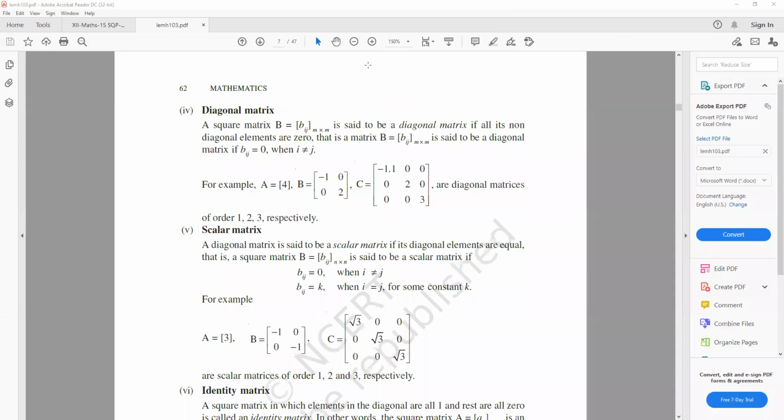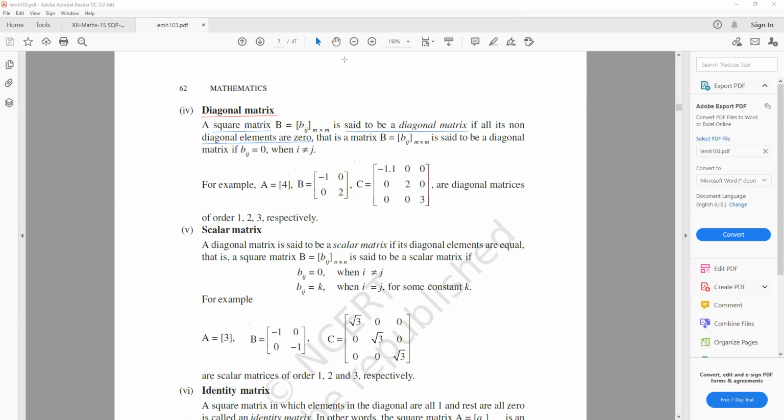Now look, the next type of matrix, which is known as the diagonal matrix. First of all, it is a square matrix. A square matrix is said to be a diagonal matrix if all its non-diagonal elements are zeros.